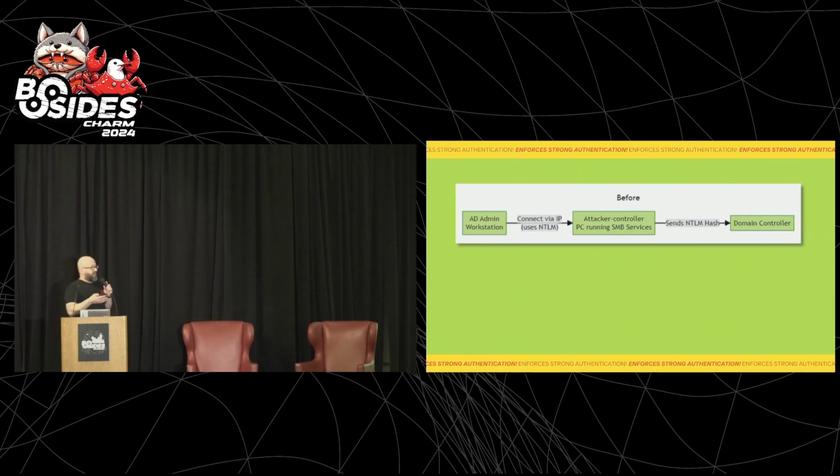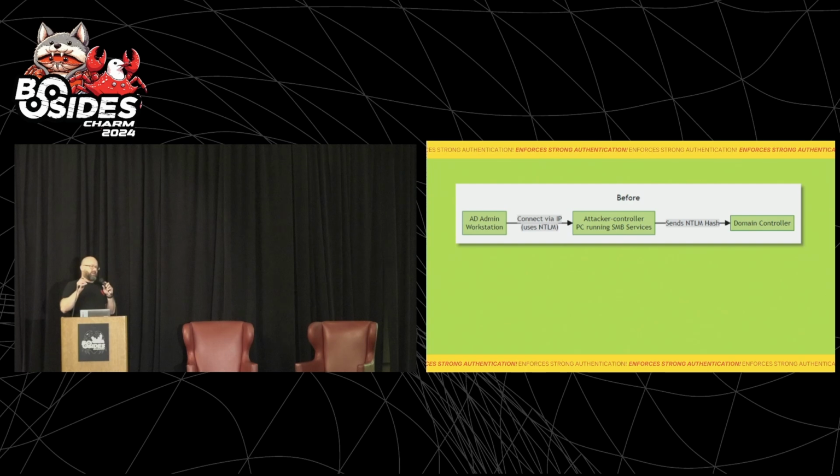An attacker somehow tricks an admin into connecting to a share that they own and are running something like Responder. If that is an IP-based share, Windows will immediately degrade from Kerberos authentication and go to NTLM authentication.